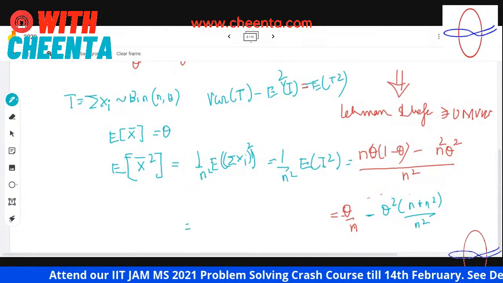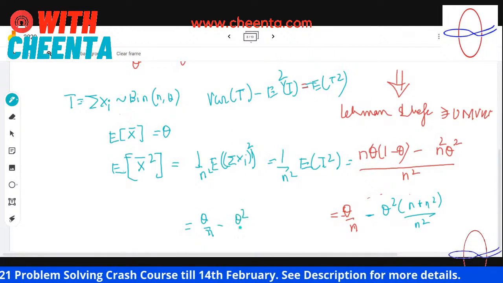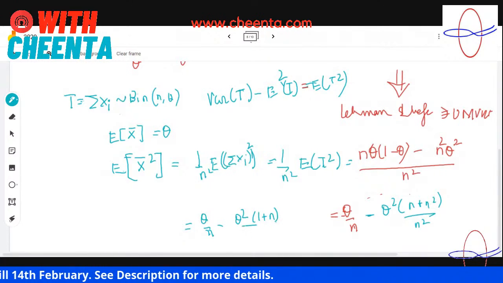That is, you get theta by n minus theta square times (1 minus n) by n, plus theta square.